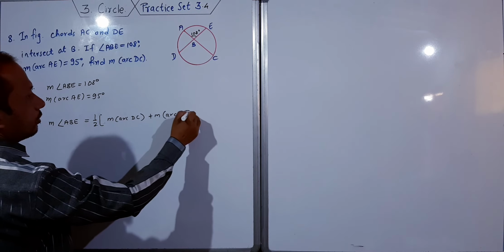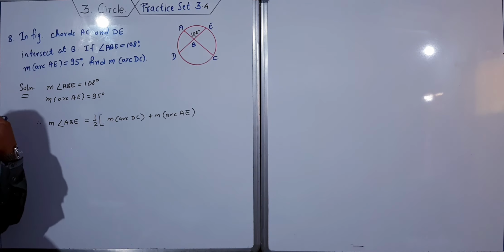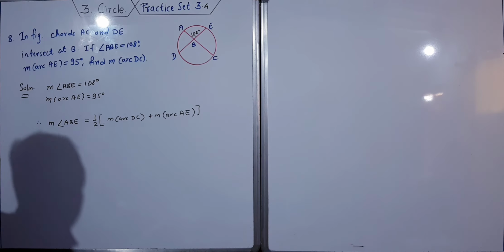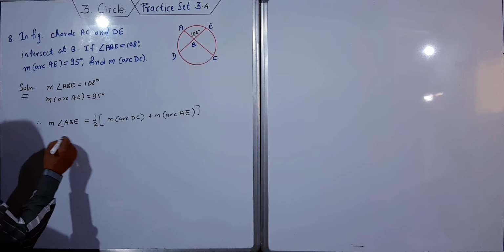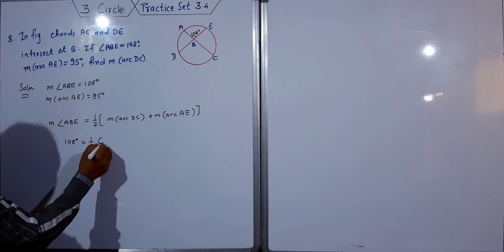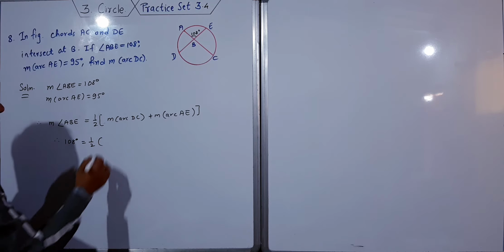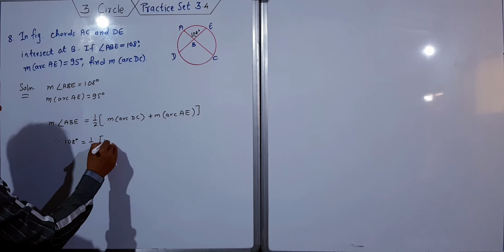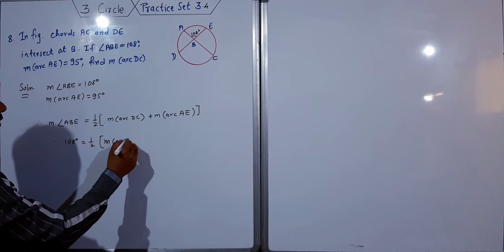This is the formula. When two chords intersect each other, then you have to use this formula. Now this is given 108 degree, and 1/2 measure of arc DC we have to find.